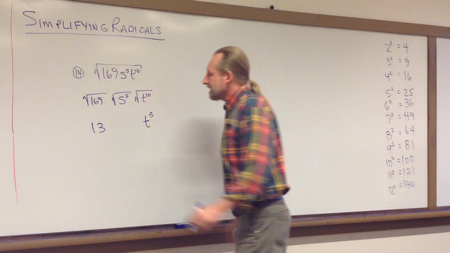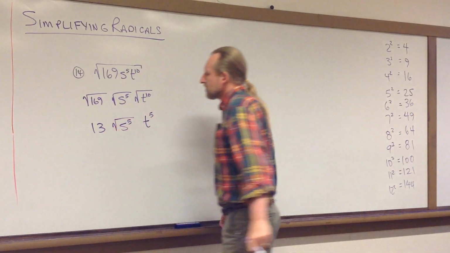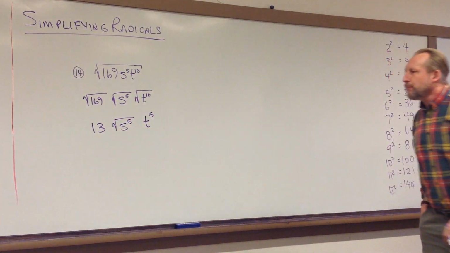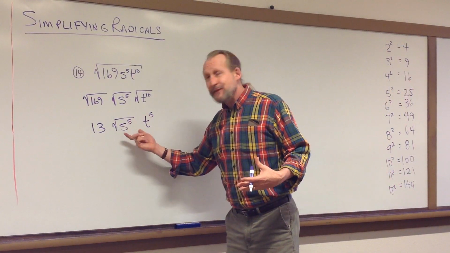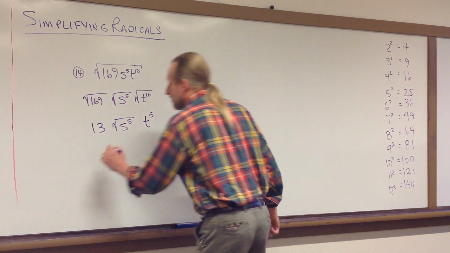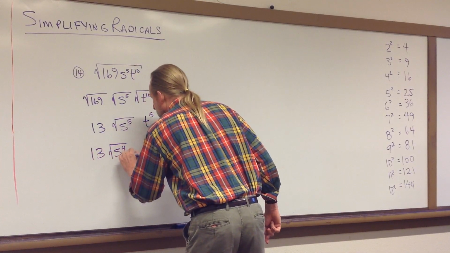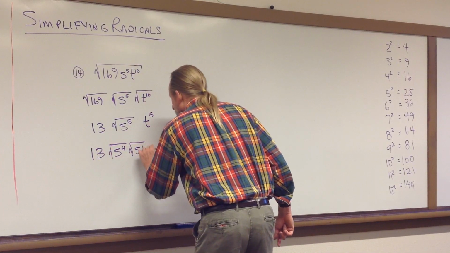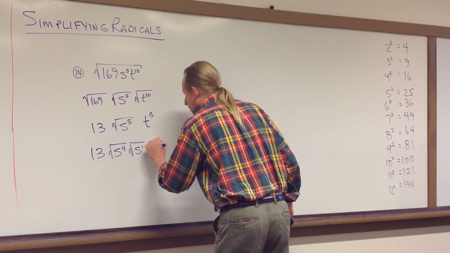So now we've got this s to the 5th power under the square root. The process for this is to break off an even power of this variable. The highest even power we can would be s to the 4th. That would leave us with s to the 1st.